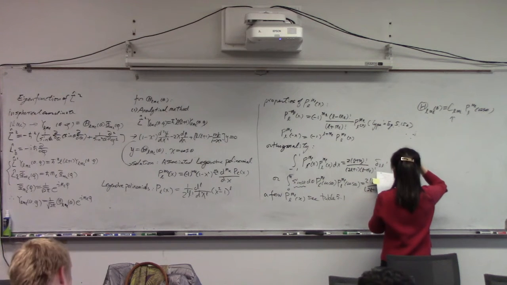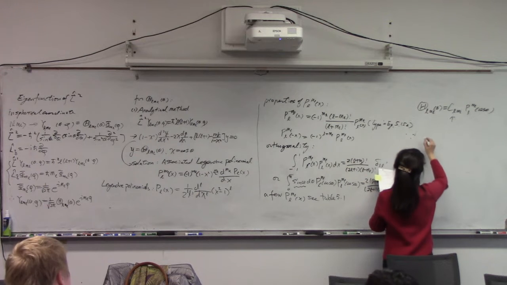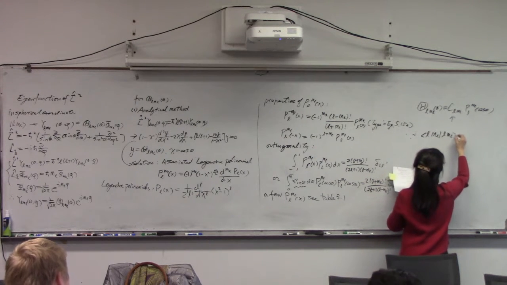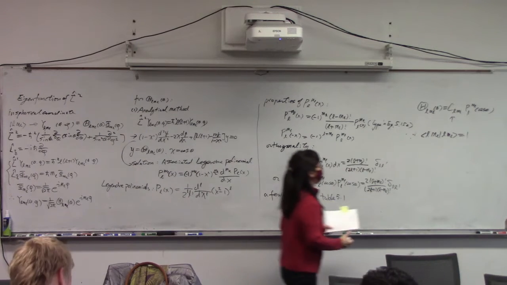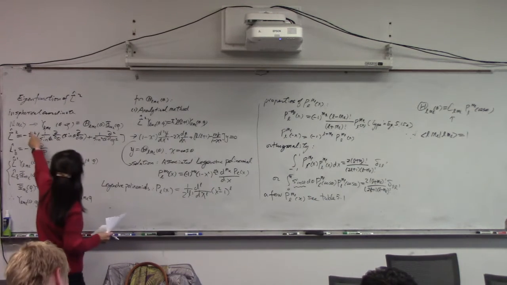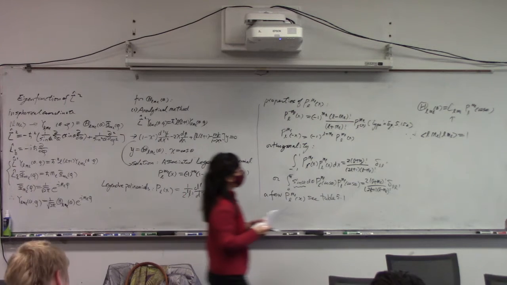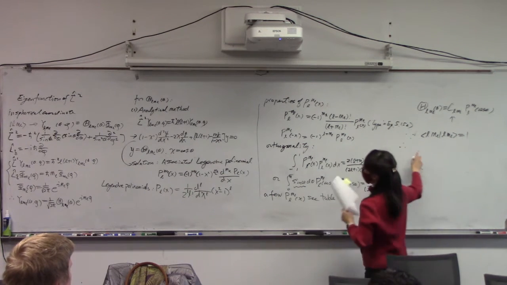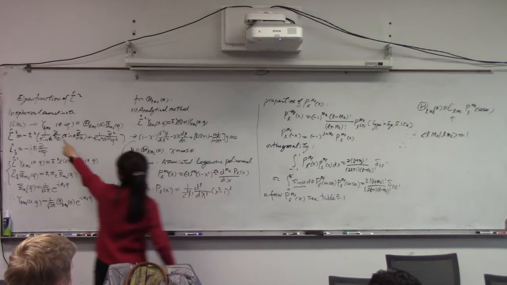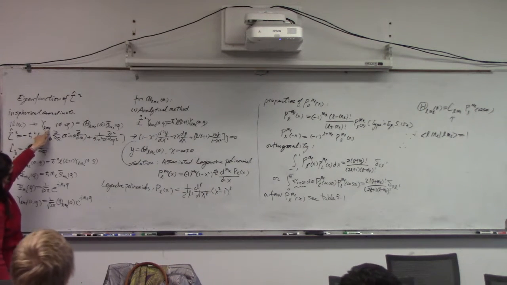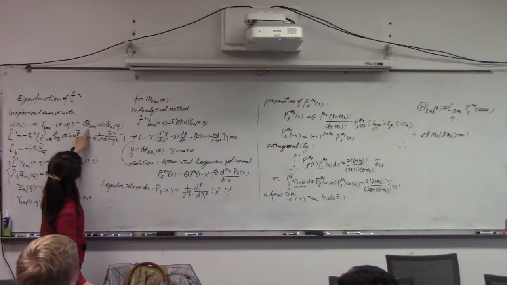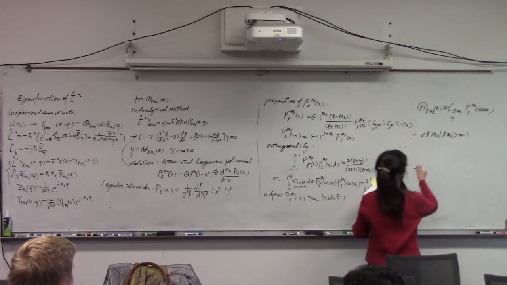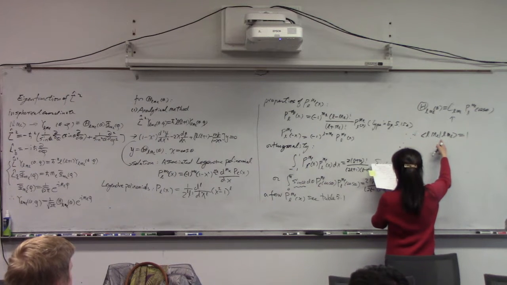The inner product of Y_l^m with Y_l^m equals 1. It's normalized for the eigenstates of orbital angular momentum. So we have this. Then what we need to do is substitute, since Y_l^m is the product of the theta and phi functions, in spherical coordinates.